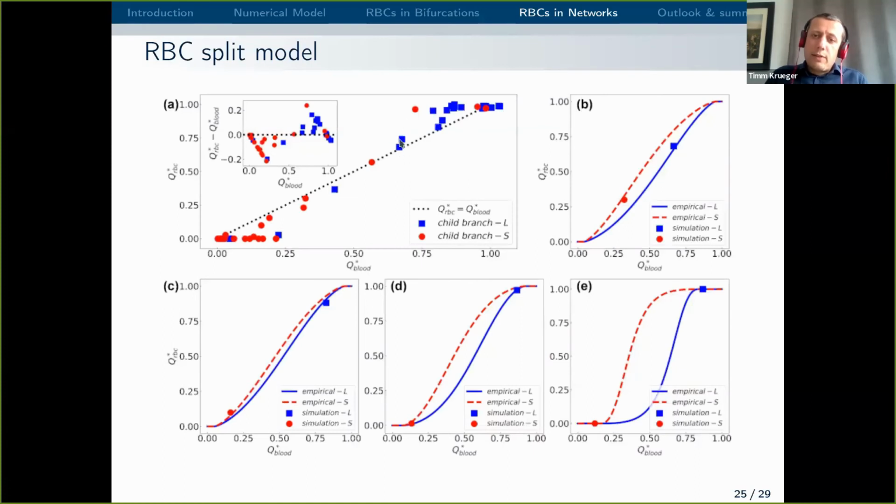But you can see that there's a tendency: if you have a high-throughput child branch, it usually gets even more red blood cells than it should get naively. And if you have a branch that receives less than 50% of the parent branch's flux, then it will get even fewer red blood cells than you would naively expect.